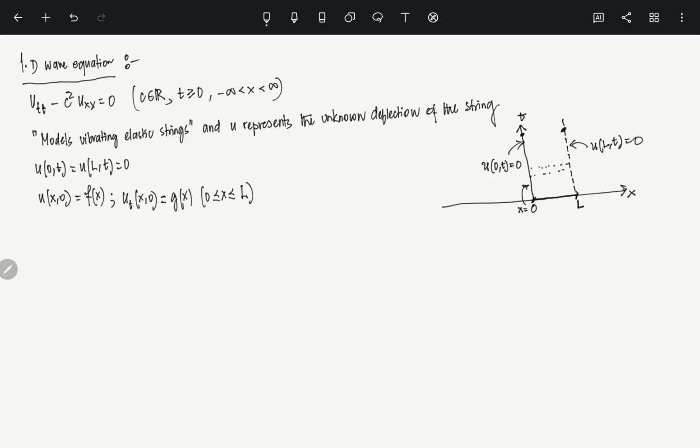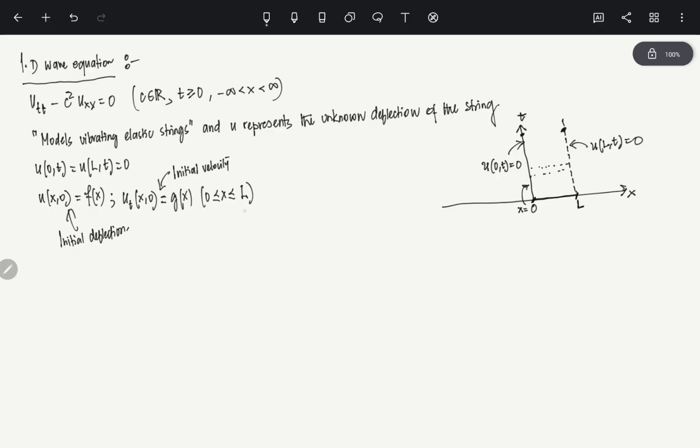So this is the initial velocity, and this is the initial deflection at t equals 0, and that's the velocity of the deflection. Those are the conditions which are given to us.